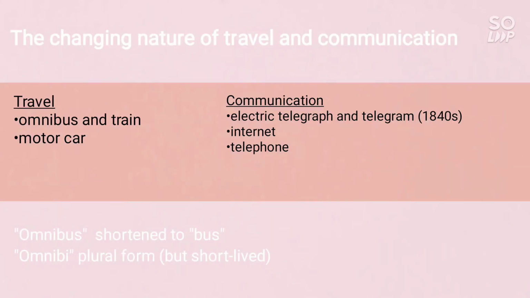And by the end of the century, the form omnibus was shortened to bus. On the other hand, in communication, there was the invention of the electric telegraph and telegram in the 1840s, and the telephone. For the first time, language could be transmitted at an outstanding speed without the need for face-to-face interaction.